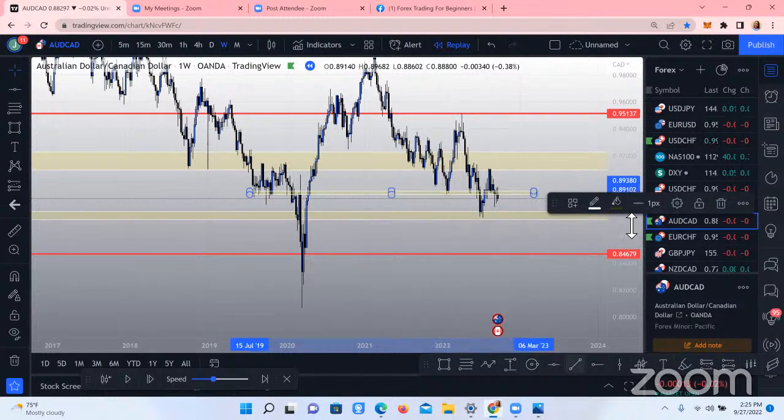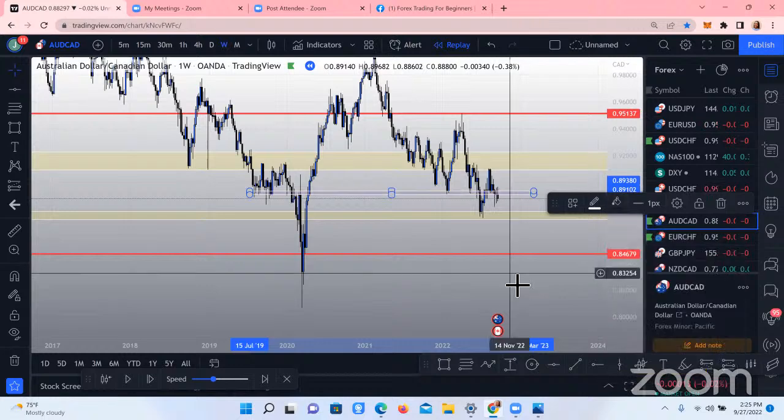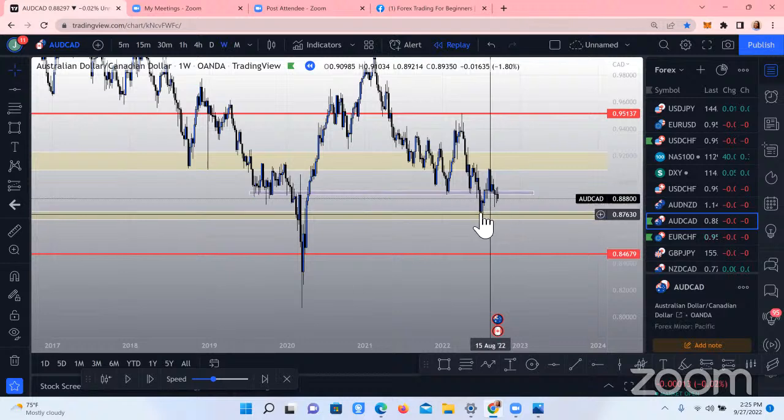I'm going to change it to purple. Then we see price came all the way down here, and I'm kind of done with the weekly as well.